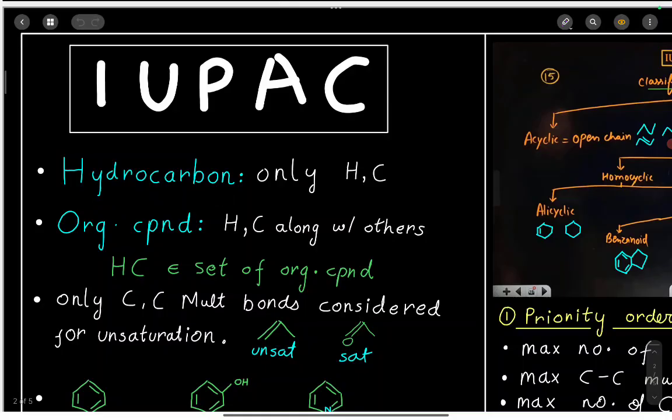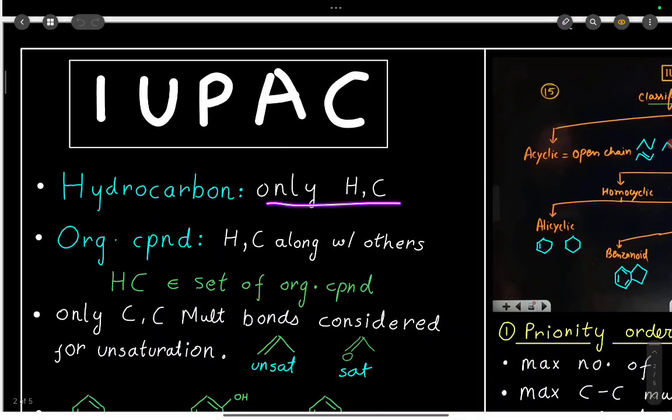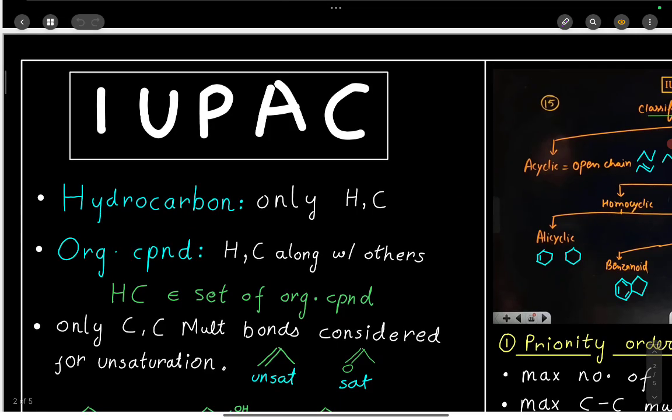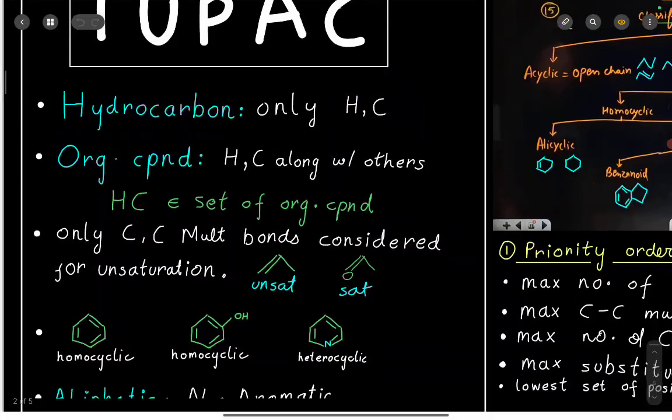Hydrocarbons refer to compounds which contain only hydrogen and carbon. For example, your butane, C4H10, or CH4 methane, or probably C2H6. Anything which has only hydrogen and carbon is referred to as a hydrocarbon.